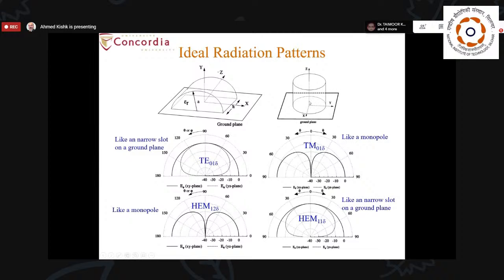This is one of the very critical types of modes, in the sense that you always try to excite it with a monopole along its axis, and the monopole also has a similar radiation pattern, and you will never know which one is really dominating the radiation. Is it the monopole or the dielectric resonator?